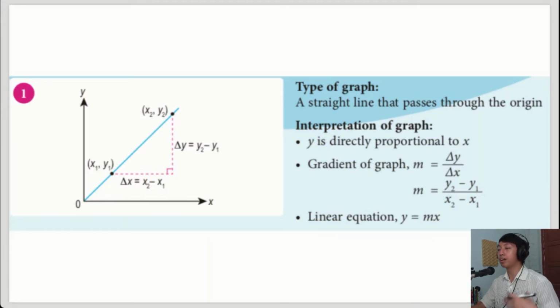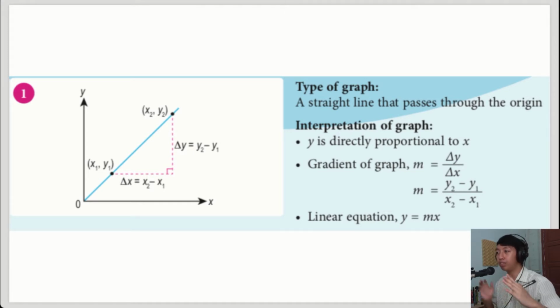So kalau nanti dalam soalan exam kamu ditanya, kamu ditunjukkan graf seperti ini dan kamu ditanya, what is the relationship of y to x? Okay, ataupun the question might be, state the relationship of y and x. Then your answer would be, y is directly proportional to x.